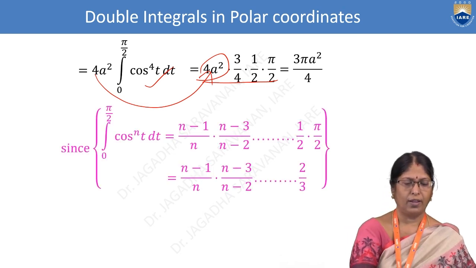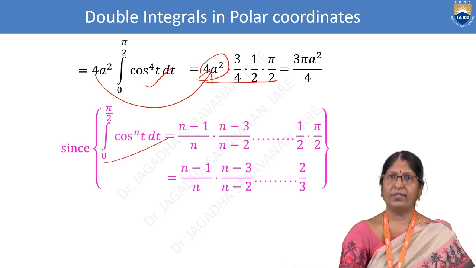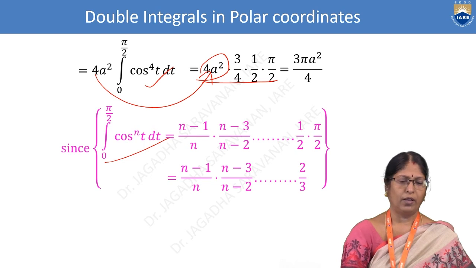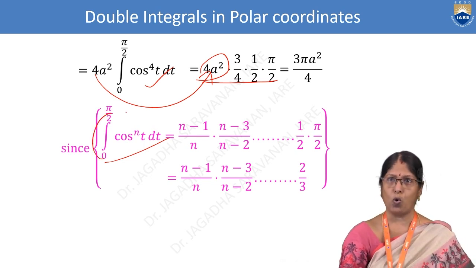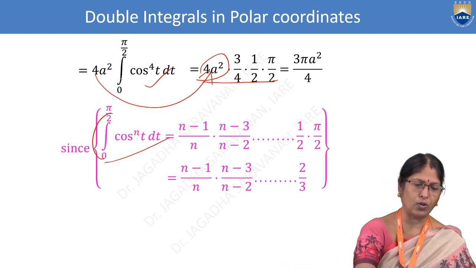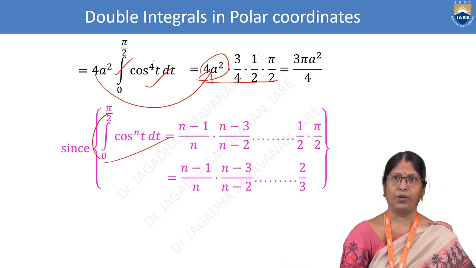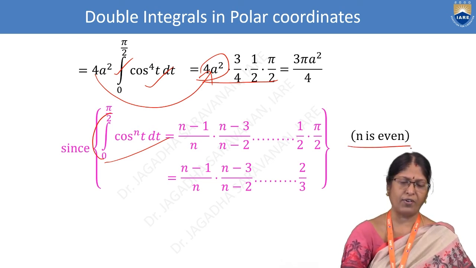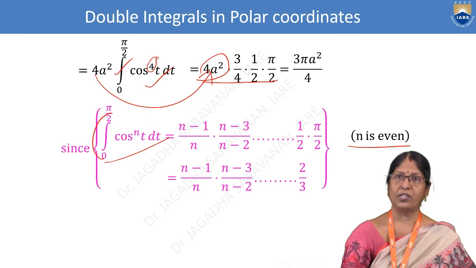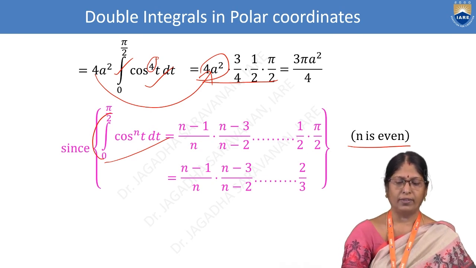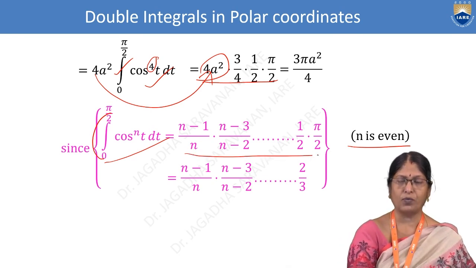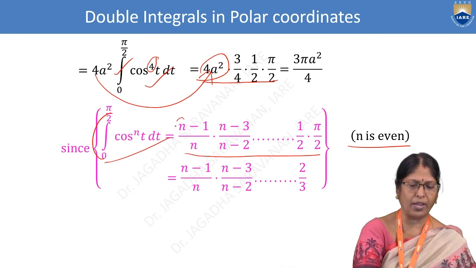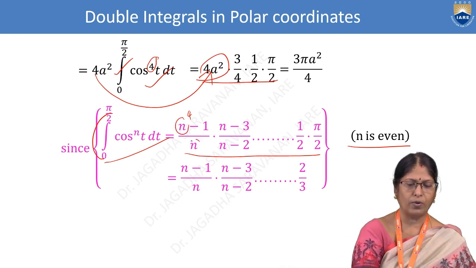In general, this is the formula which is applicable, for the integral with limits from 0 to pi by 2 only. Ours is also 0 to pi by 2. Then, if n is even, and our n is also even, that is 4 is our power, then we can substitute in this formula. We are substituting 4 in place of n.